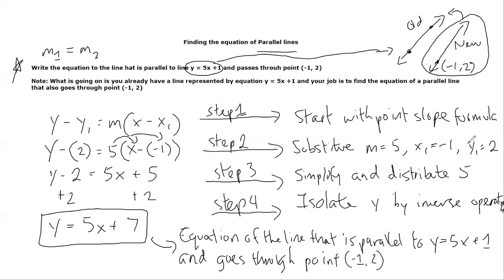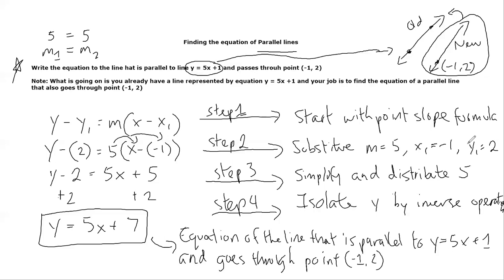So before I do anything, I already know that since this is in y equals mx plus b form, my slope for line 1 is going to be 5. And if my slope from line 1 is 5, my new m is going to be 5. If they say parallel lines, just use the same slope.